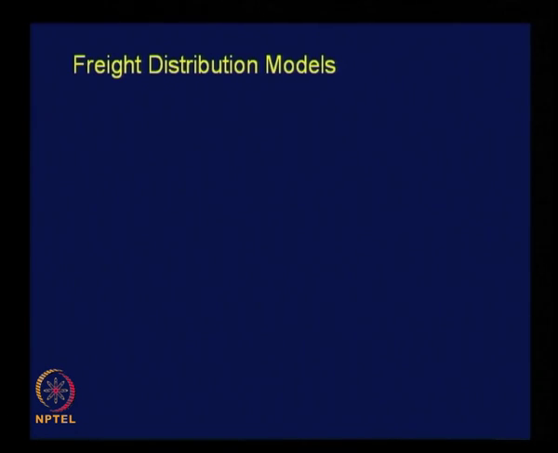Freight distribution models. You may recall how we analyzed passenger trip distribution. The influencing factors were trip production, trip attraction, and then some factor reflecting the spatial separation between traffic zones, considered as a friction factor, isn't it?